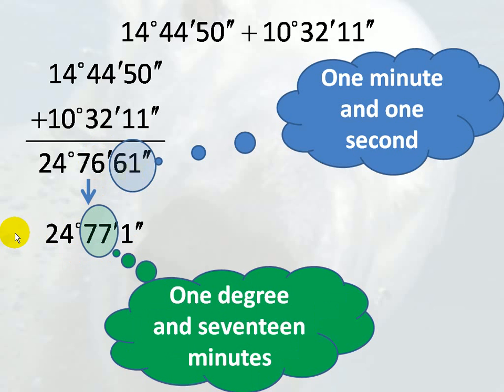So why don't I take that 1 degree and put it over here with the 24 and make it 25, and that would just leave a 17 here. So I have 25 degrees, 17 minutes, and 1 second. So I took 60 of these minutes, which is 1 degree, and that's how the 24 came up to the 25, and that just left us 17.